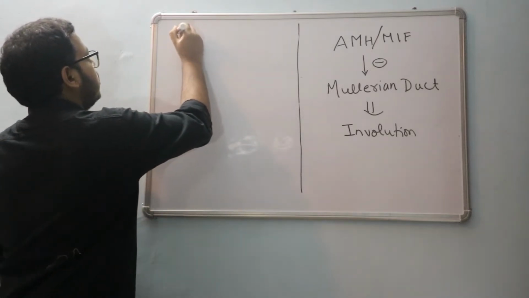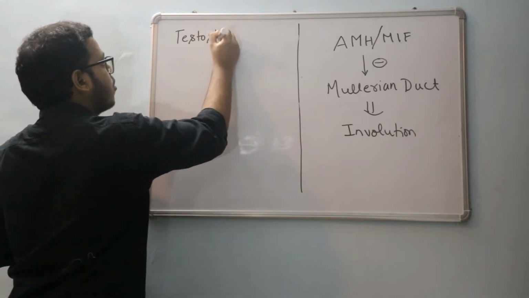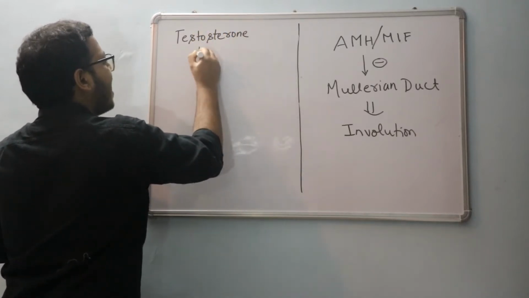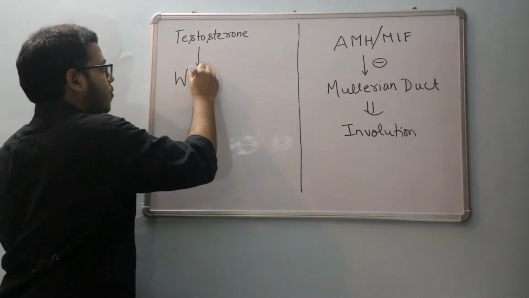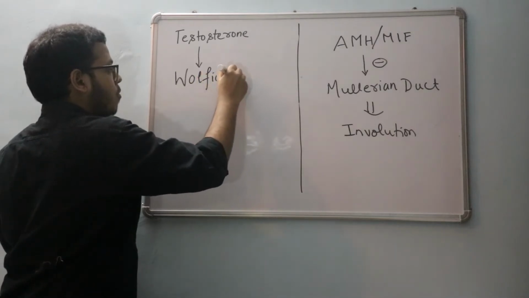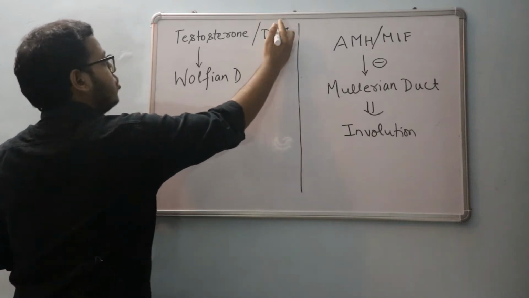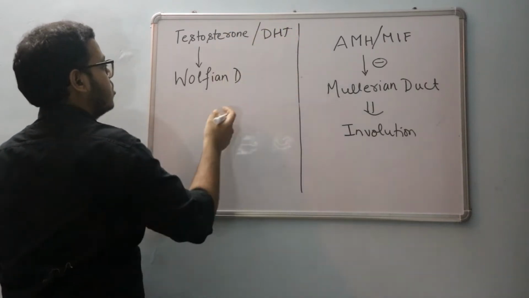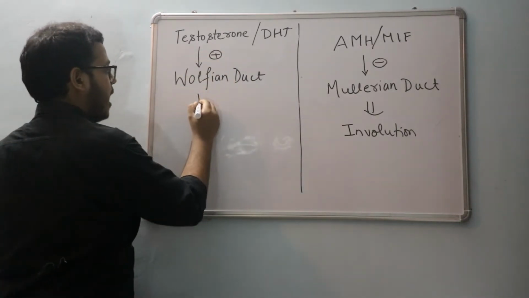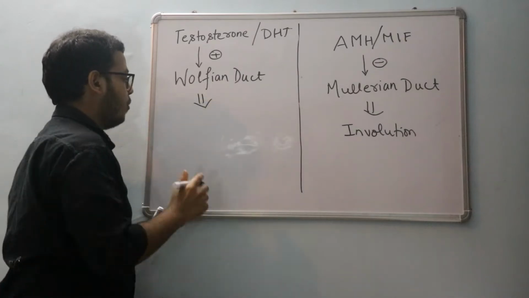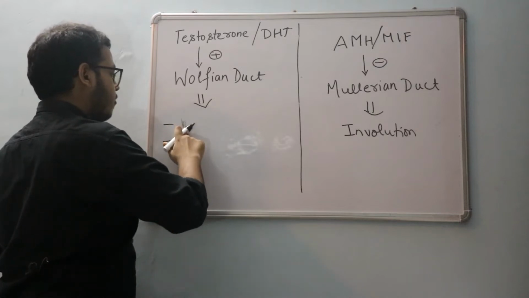Testosterone acts on the Wolffian duct. Actually, not just testosterone, even the DHT can do this. The DHT is more potent than testosterone, so it will act on the Wolffian duct and stimulate it, and the Wolffian duct will lead to the formation of certain structures.